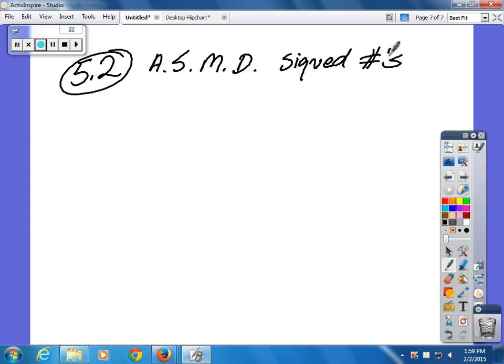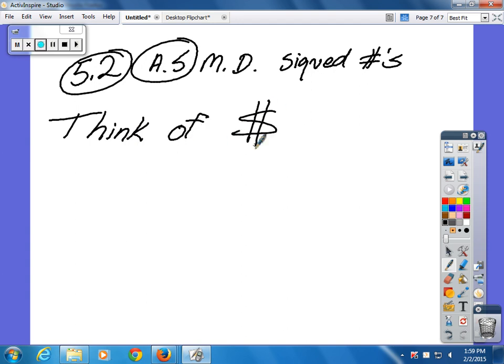Now, before I show you anything about signed numbers, I want everybody to get in the frame of mind, and these are the two that cause the most problems, adding and subtracting signed numbers. All you have to do is think of what? Think of money. Because money is important. I didn't say obsession, I said important.